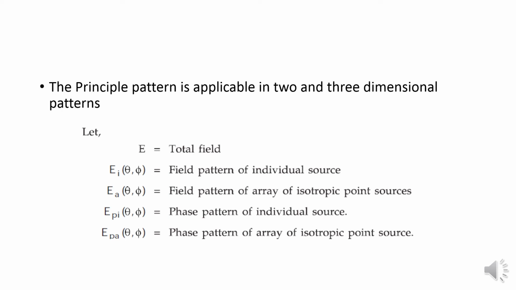Now we are going to consider the individual isotropic point source for the field pattern as well as for the phase pattern. These are indicated by a few mathematical expressions: E_i of theta comma phi for the field pattern of the individual source, and the field pattern of the array is given as E_a of theta comma phi. So this is how they are denoted.